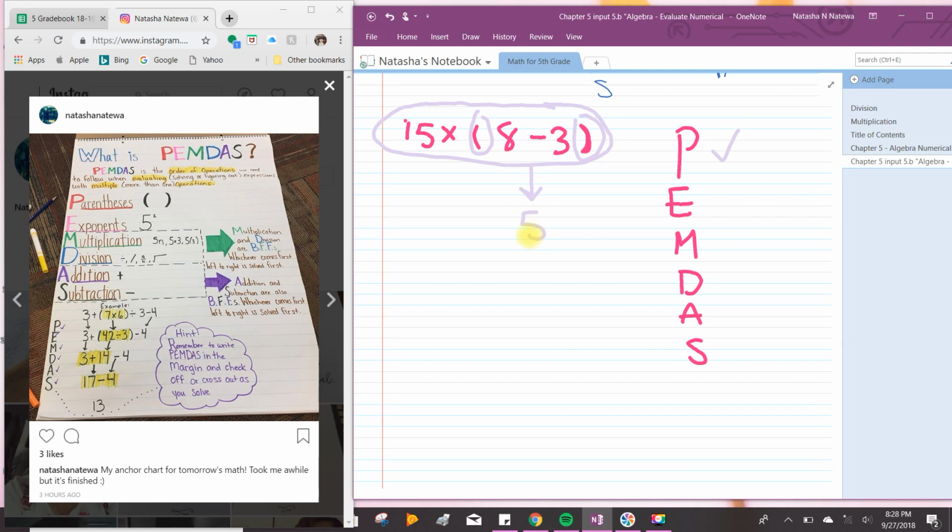Now, then we have to bring 15 down. 15 times 5. Now we see the operation. The operation is multiplication. So we're going to go and check multiplication. Alright. So now we ask, what is 15 times 5? Go ahead and solve it. So pause the video, solve it.